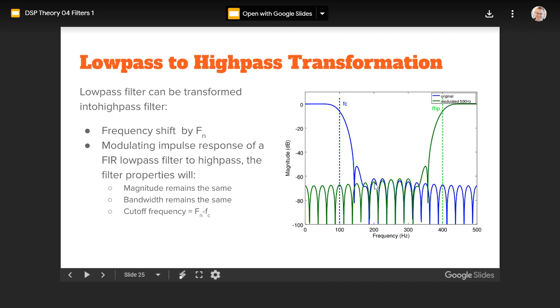You just swap the real axis, meaning that basically you change the sign of every other term in the Z transform. Okay. Some details about this.